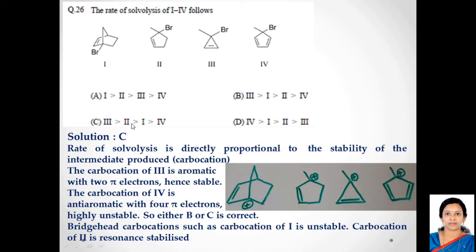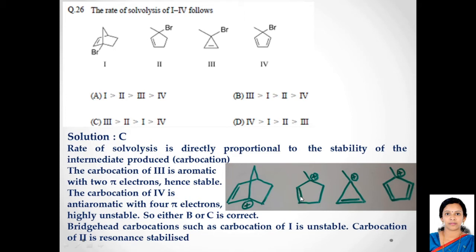Now we have to decide which one, 1 or 2, has the higher rate of solvolysis. If you look at the carbocation generated from 1, you have a carbocation at the bridgehead position. Now this is a very unstable position. So this carbocation is unstable, compared to the carbocation generated from compound 2. See, in compound 2, the carbocation is actually resonance stabilized.